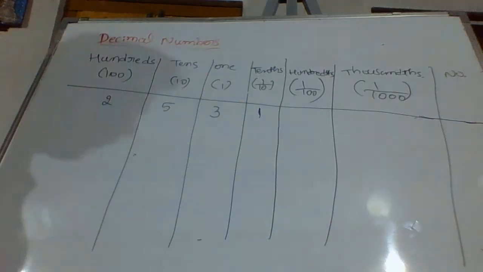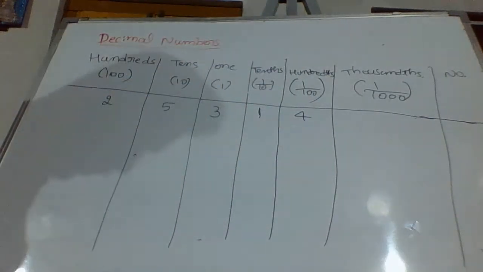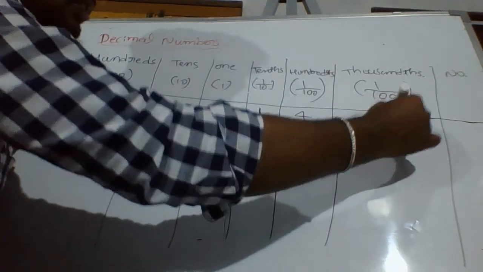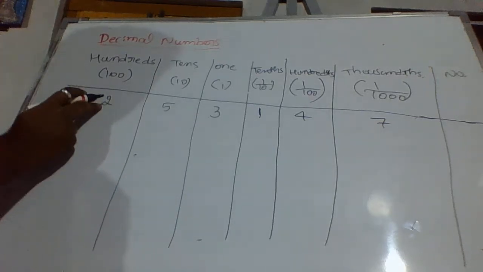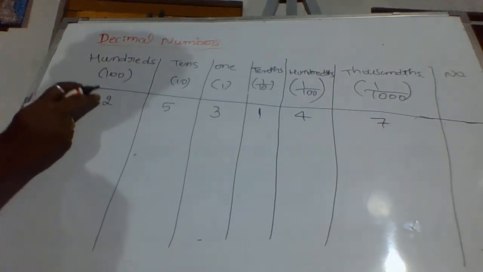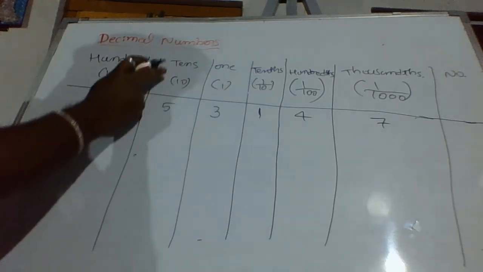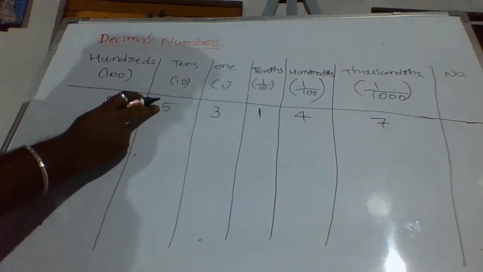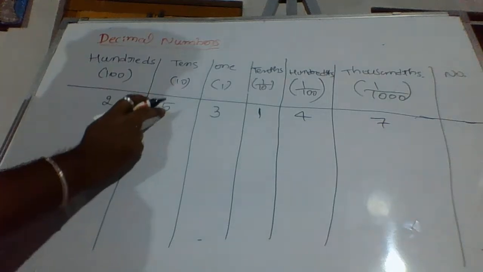See this example very carefully. After the tenths place, what have they given? The hundredths place is 4. Next, the thousandths place is 7. Here the number is written as 200, because this 2 is in the place of hundreds, therefore 253, because 5 is in the place of tens and 3 is in the place of ones.